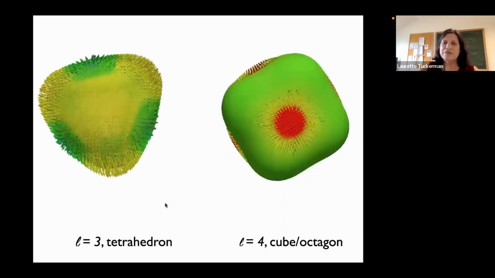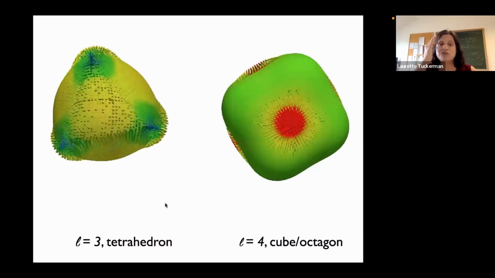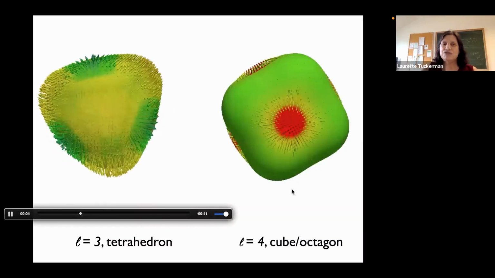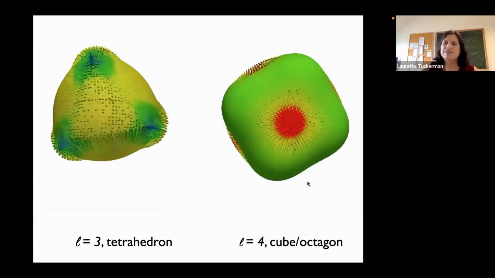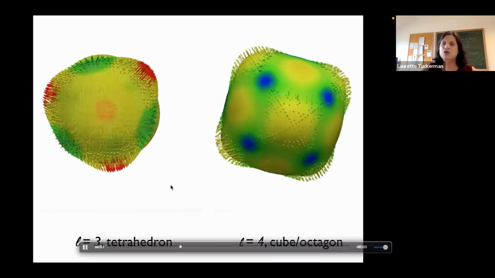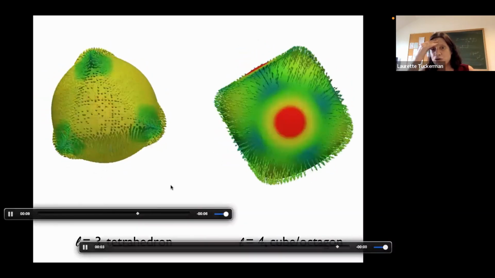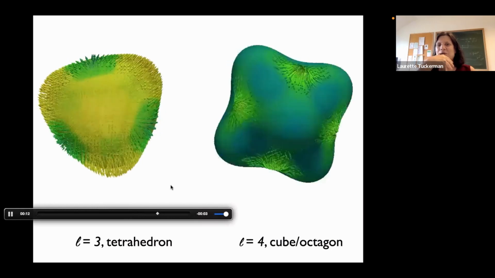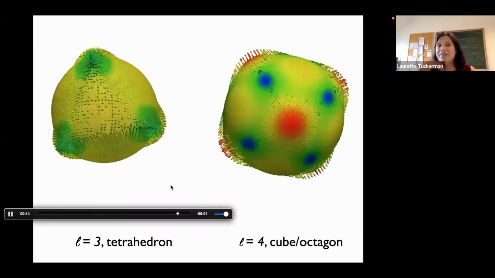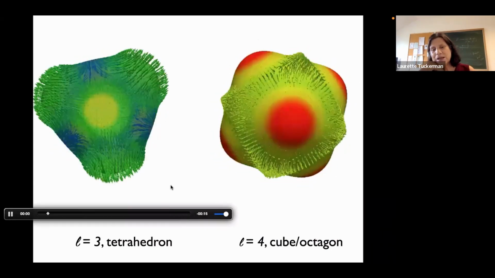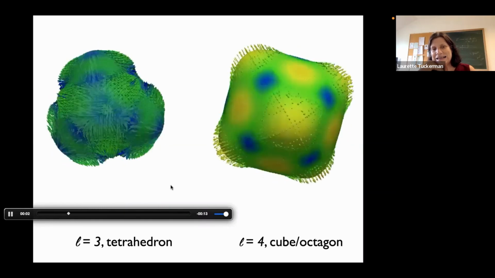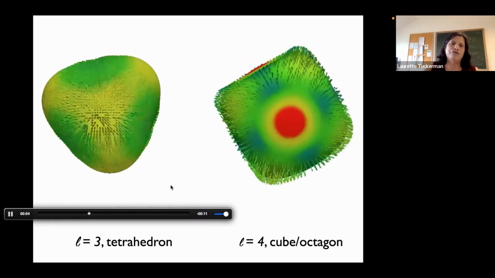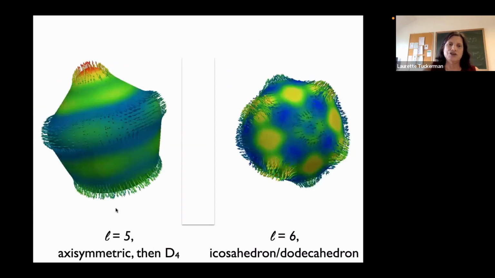Here are 3s and 4s. This is alternation between a tetrahedron and the upside down tetrahedron. And then this is alternation between a cube and an octahedron. The cube you're used to, the octahedron perhaps less so, but I think you see it emerging. And that's what we saw. And then the 5, you saw that there wasn't a Platonic solid for 5.